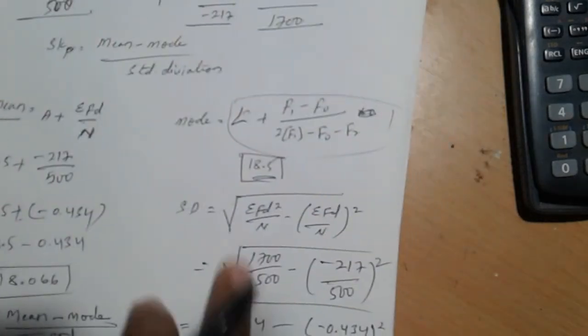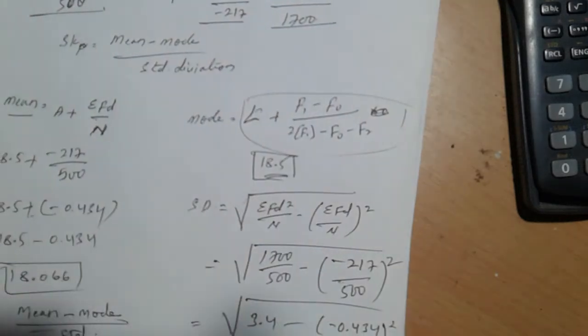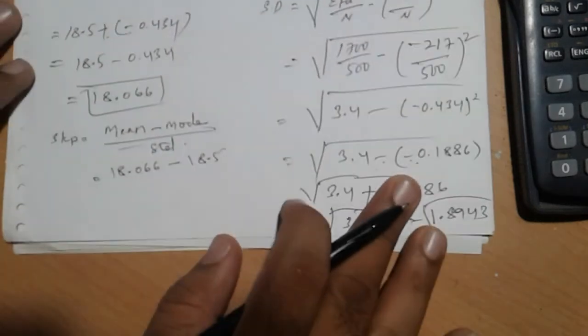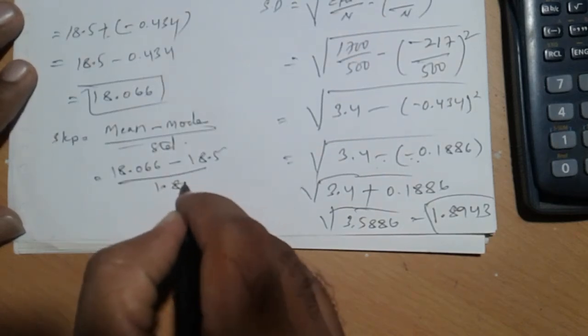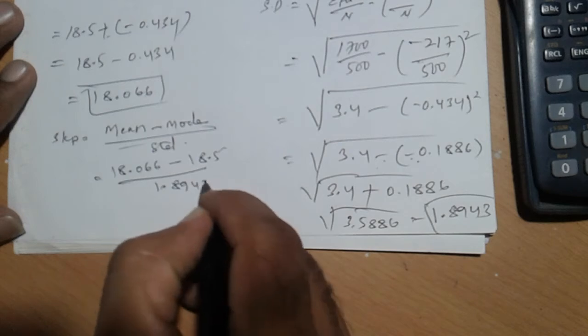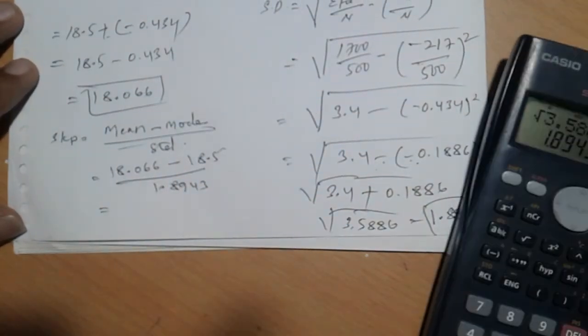The highest repeated term is the mode. For a continuous series we don't need to calculate the mode, we can take it directly. The standard deviation value is 1.8943. 18.066 minus 18.5, how much are we getting?